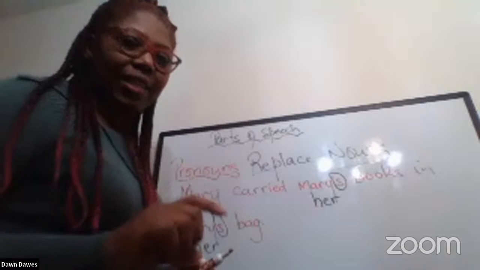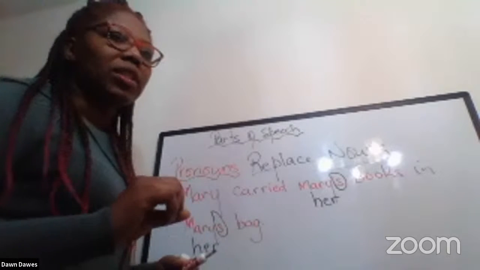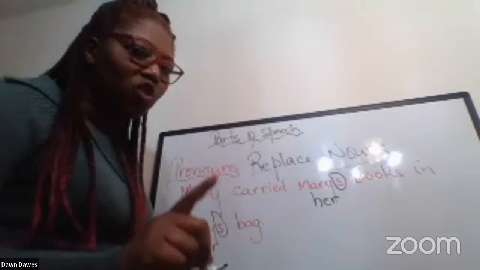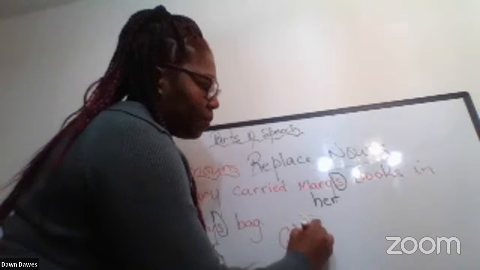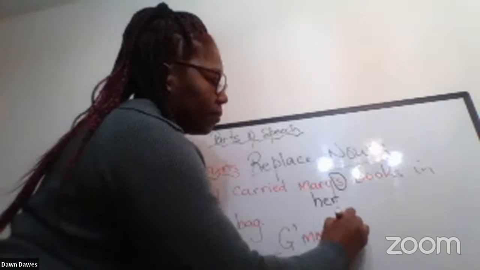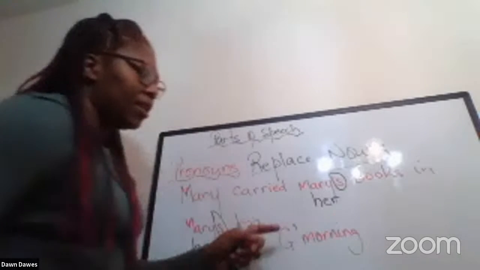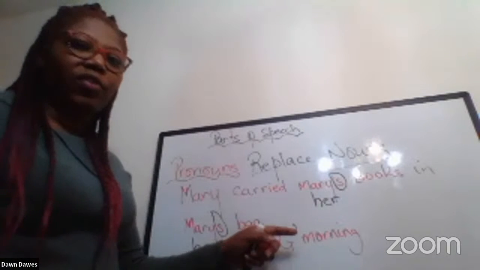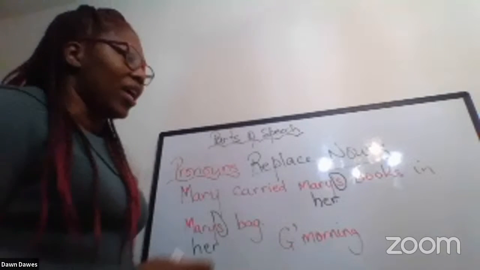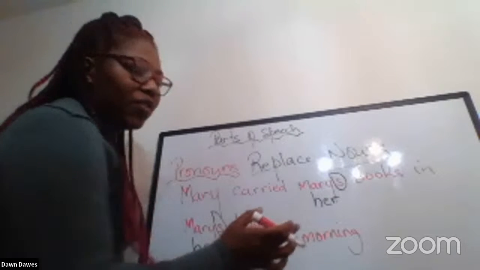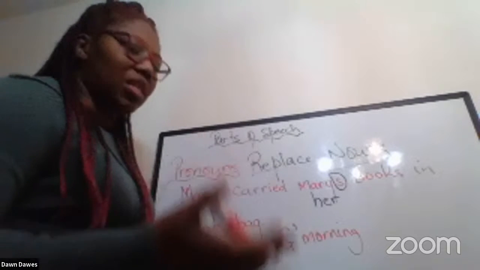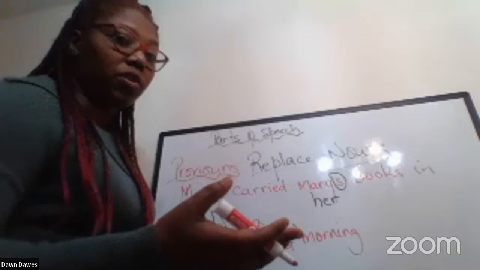I don't text shorthand, but I can be shorthanded at times. So most mornings, if I'm texting, I will have the G and the apostrophe and the morning. Or I do the same thing for good evening, etc. So the apostrophe there tells you that something is missing: the apostrophe of contraction.